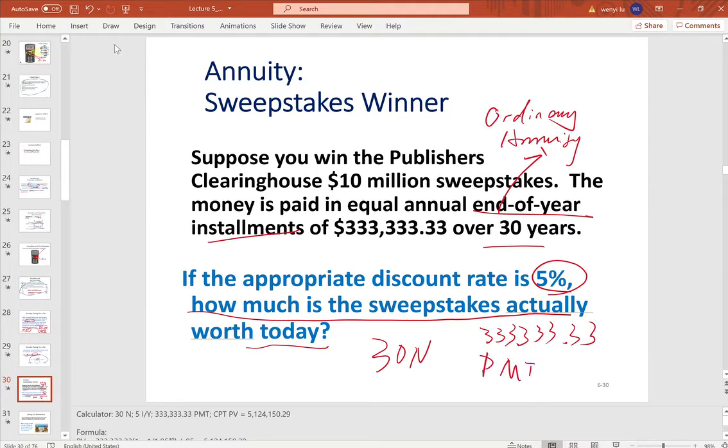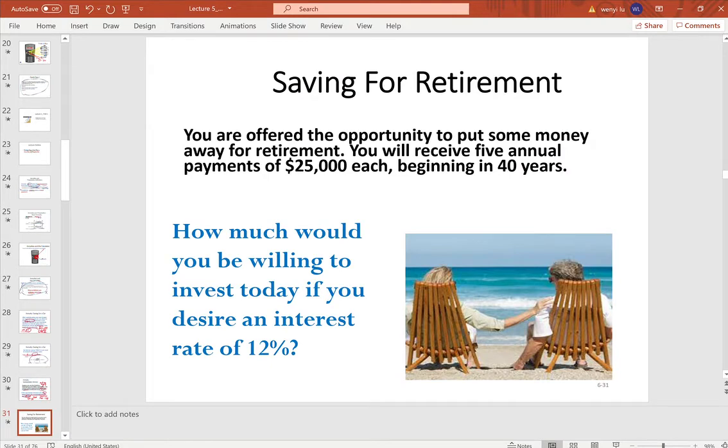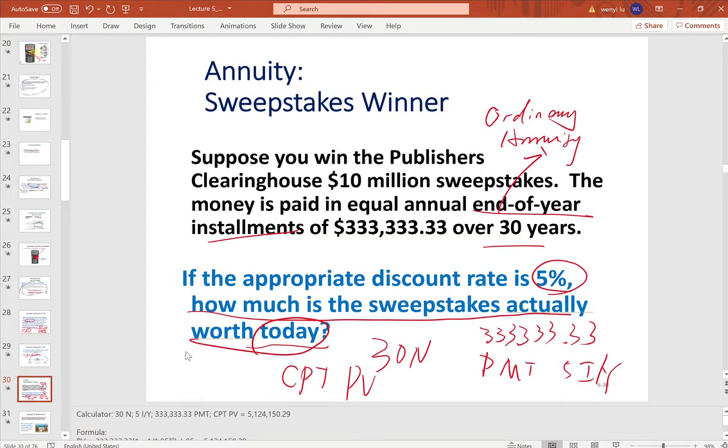What's the discount rate? 5%, so 5 as I/Y. You solve for the PV. So you can see what's the PV using these calculations. About $5.12 million.